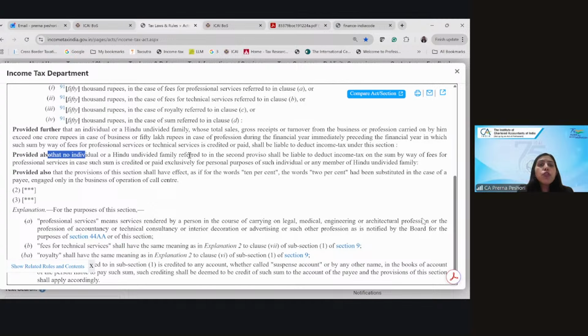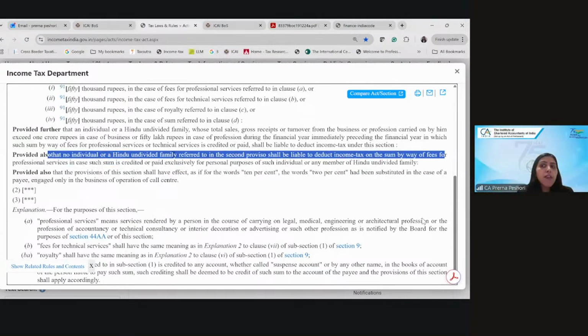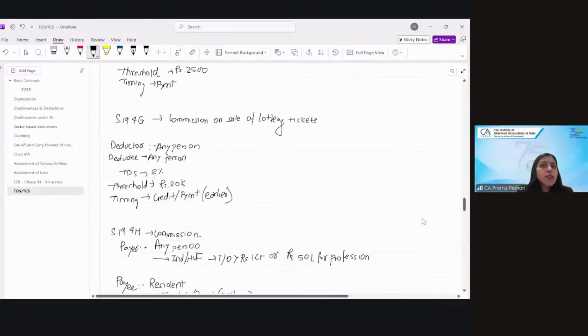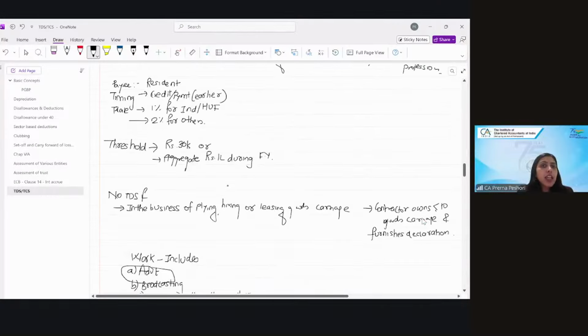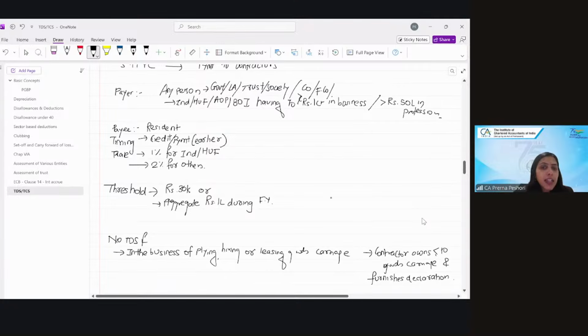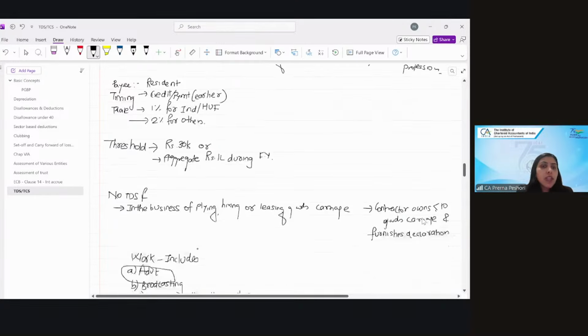Then they say no individual or HUF shall be liable to deduct the income tax on the sum by way of fees for professional services in case such sum is exclusively for personal purposes. Like we discussed under 194C also, if services are for personal use, 194C will not apply.